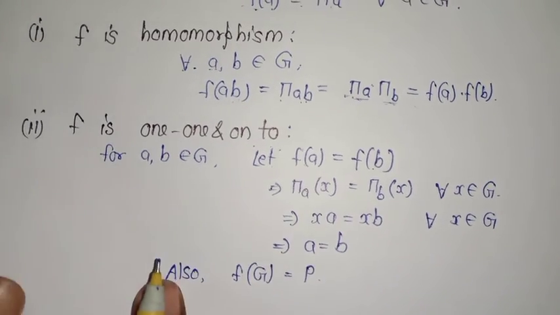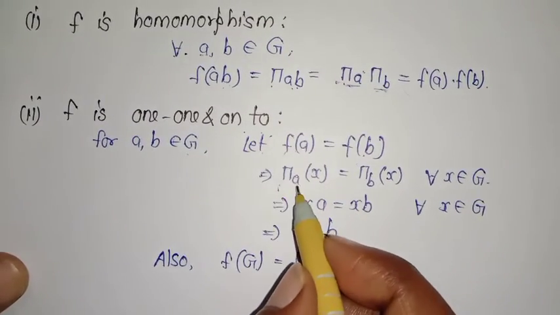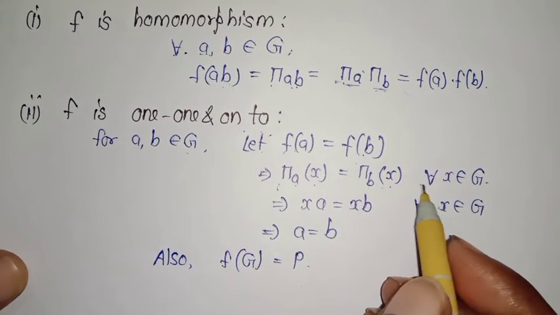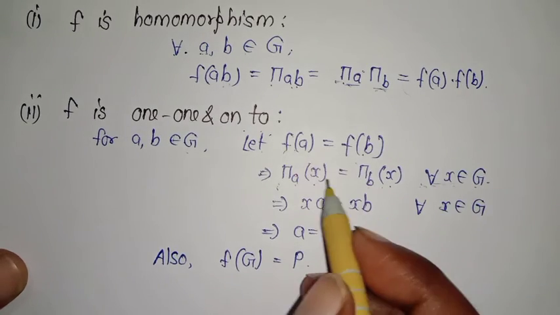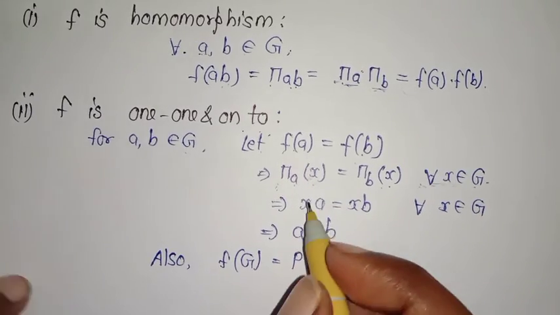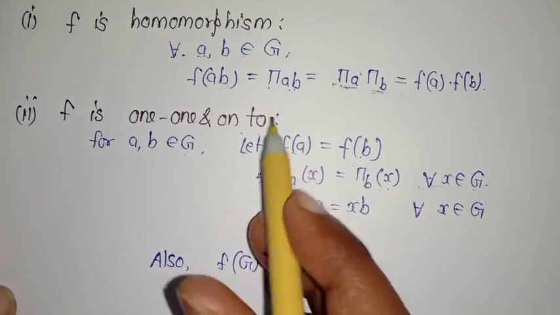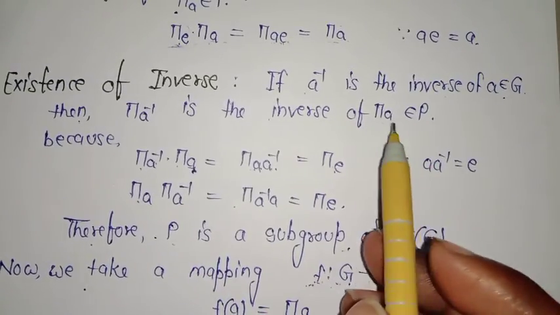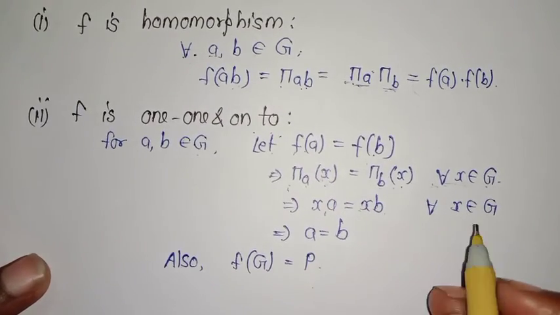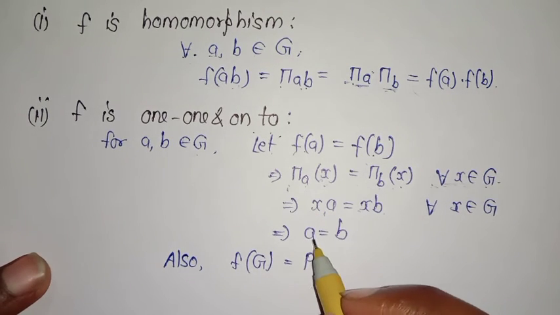So if we apply the definition of the function over f of a and f of b, then this becomes π_a of x is equal to π_b of x, where this is true for all x belonging to G. This x is also coming from G. Since we are applying the function over the element x, by the definition of the previous function that we have applied in the subgroup of the transformation group P, we can write it as xa is equal to xb, and if we apply the left cancellation law over this, this becomes a is equal to b.